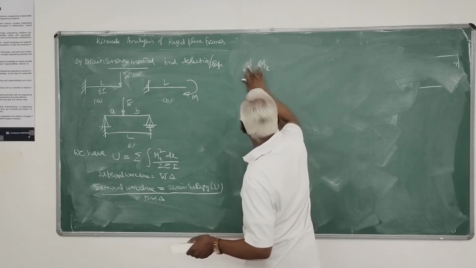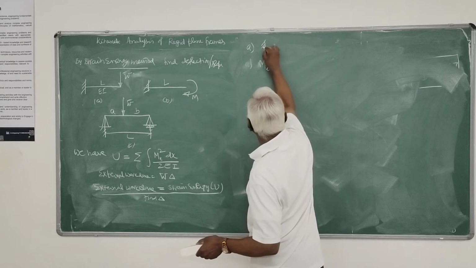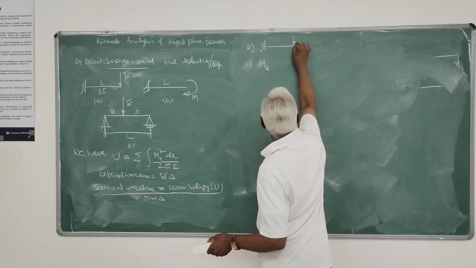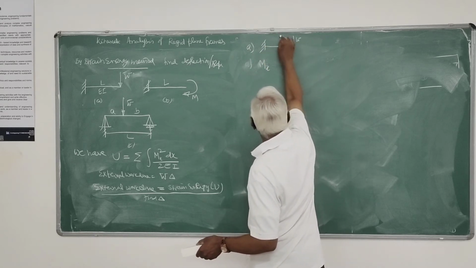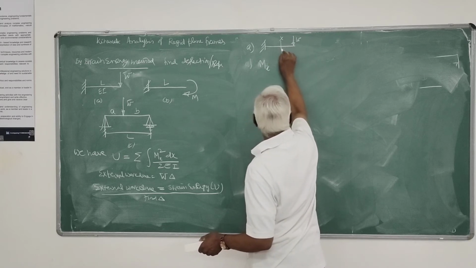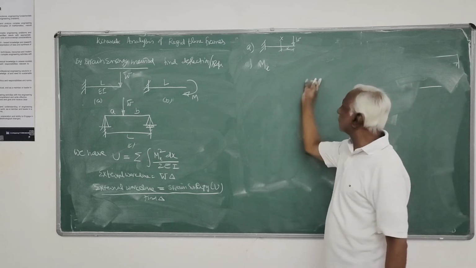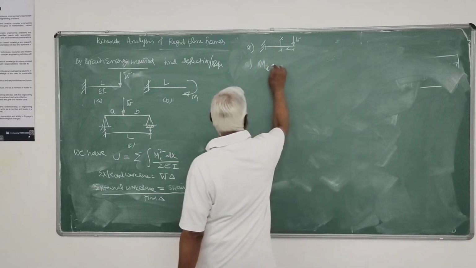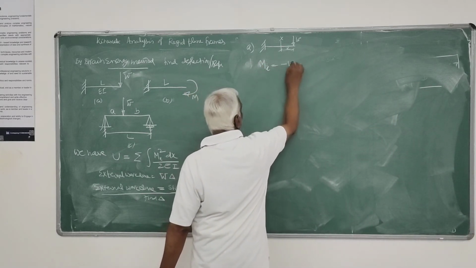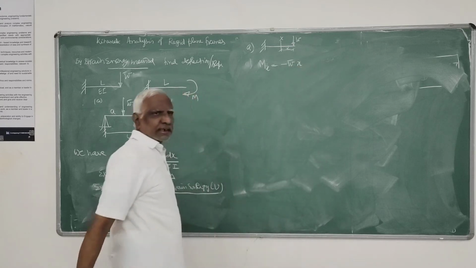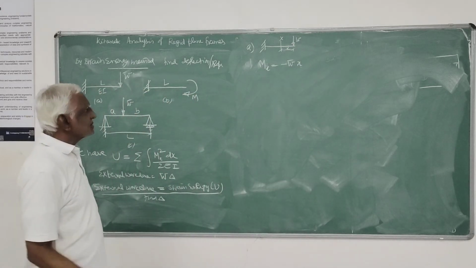The first problem is this cantilever with load W. I will take a section x at a distance x, with x from 0 to L. Mx is equal to minus Wx. That's as simple as that.